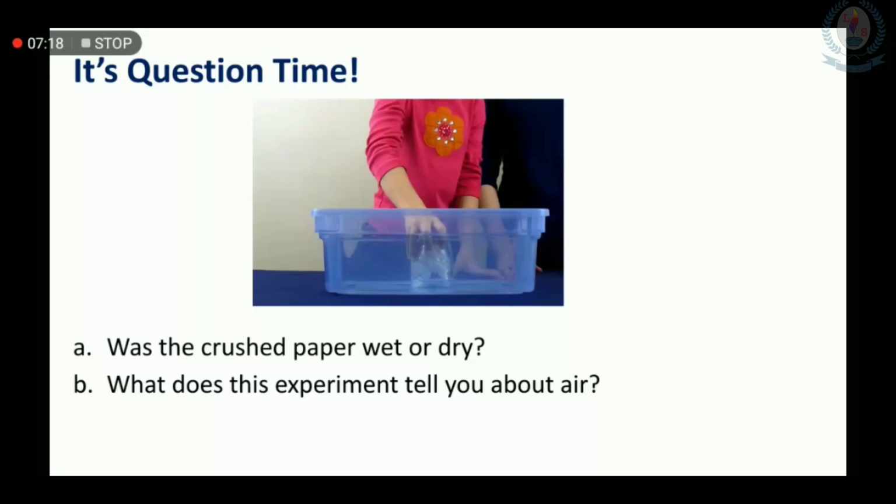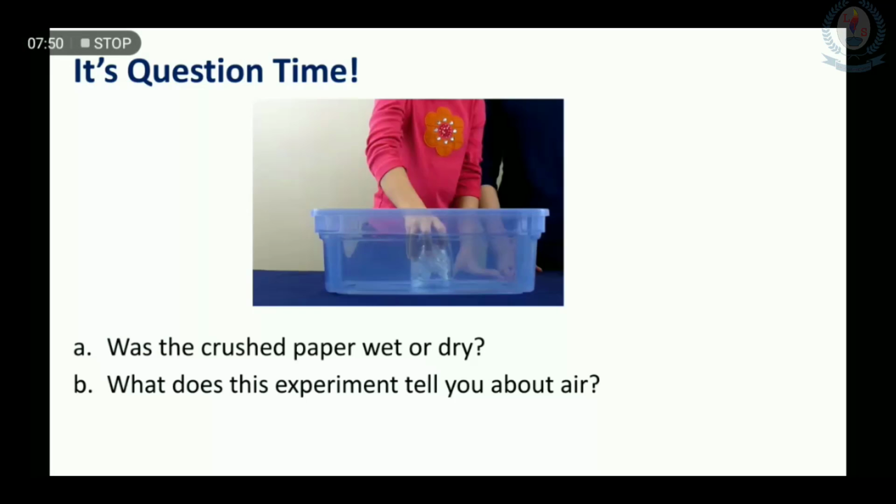After the cup is fully immersed in water, lift the cup gently up. Make sure again that the cup is not tilted. Take the cup out of the water and remove the piece of crushed paper. Now you can answer these 2 questions. First question was, was the crushed paper wet or dry?